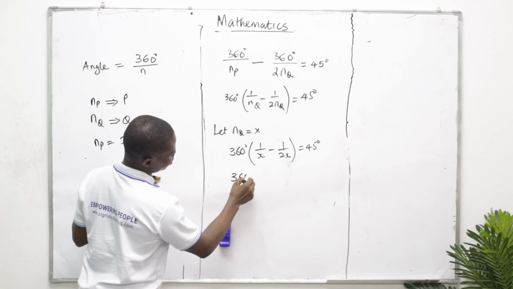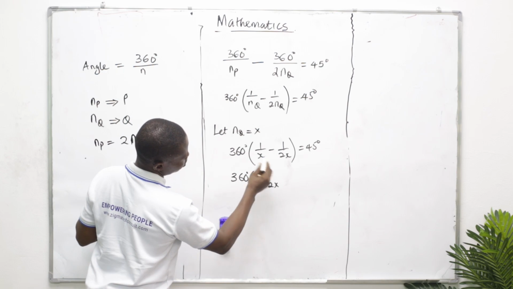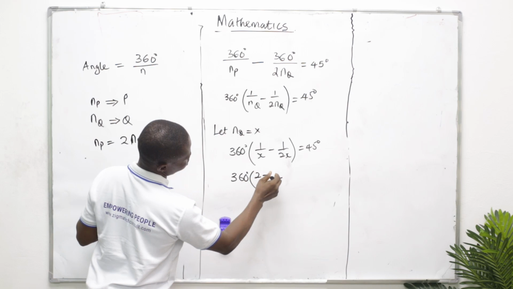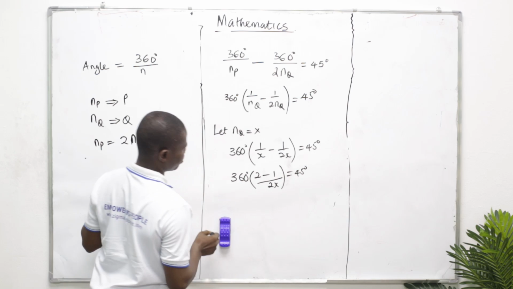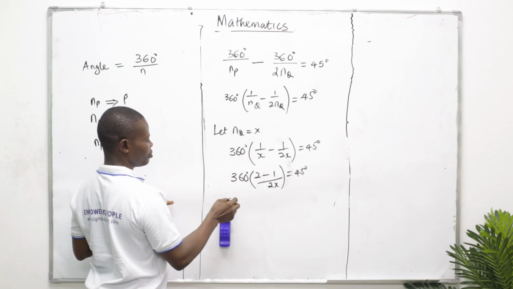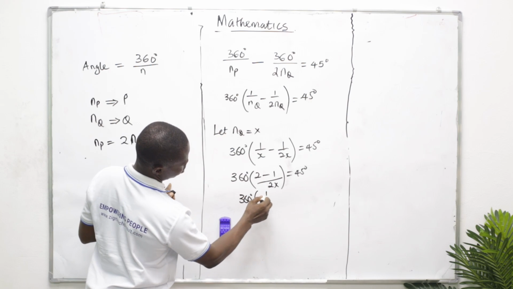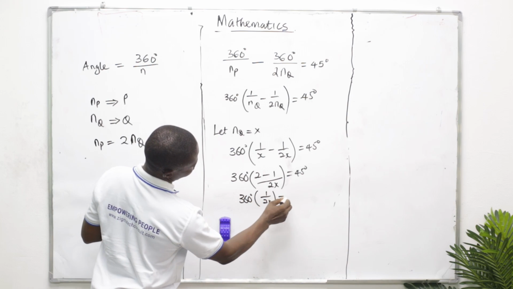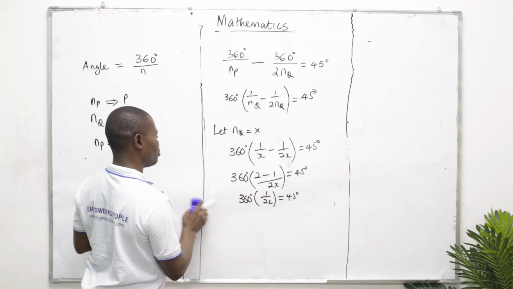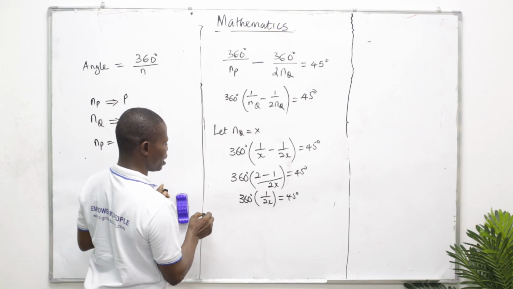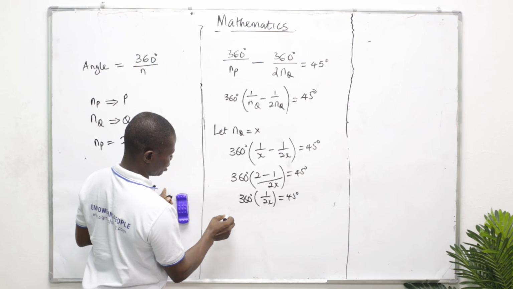So 360 degrees into our LCM is 2X into this is 2 minus 1, okay? Equals 45 degrees. Then we're going to have 360 into 1 all over 2X equals 45 degrees. Making 1 over 2X subject of the formula, it means you have to divide through or multiply through by what? 1 over 360.